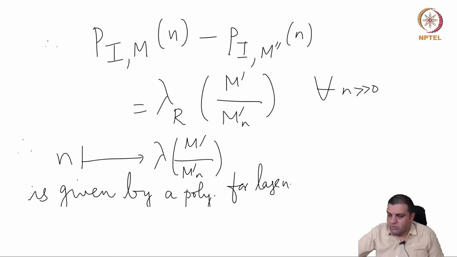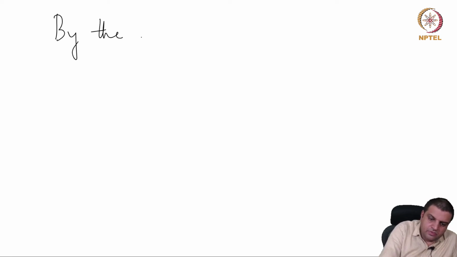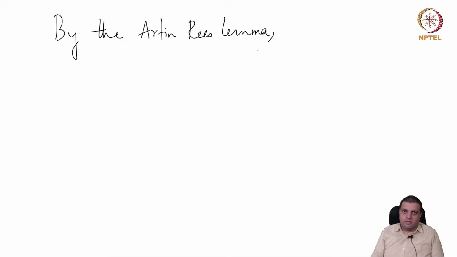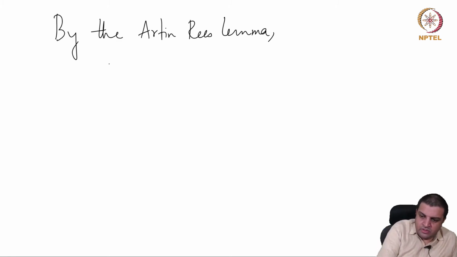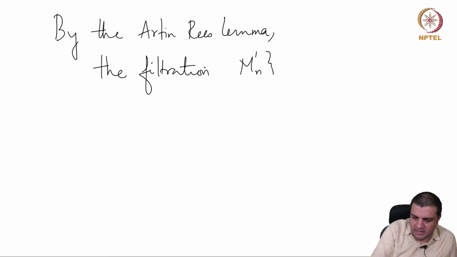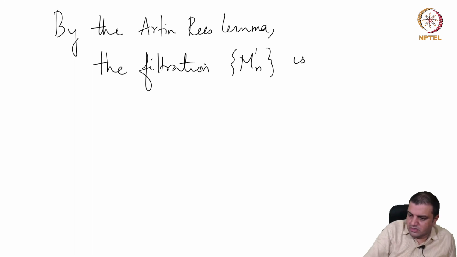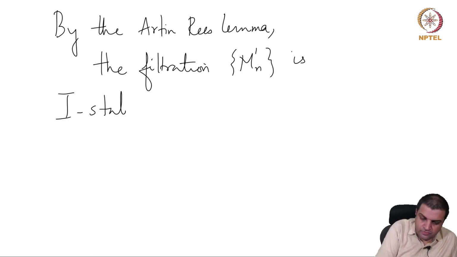Okay. So now, by the Artin-Rees lemma, what does it say? It says that if you look at the filtration given by M prime_n, that is, M prime intersect the power filtration of M, it is I-stable.